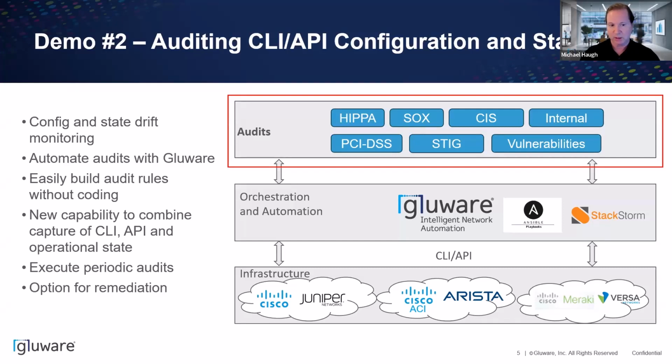So what we're going to take a look at is how you can easily build these audits in Gluware and highlight some new capabilities that we've introduced, allowing you to specify CLI and API commands and even audit operational state. So let's take a look in the user interface.